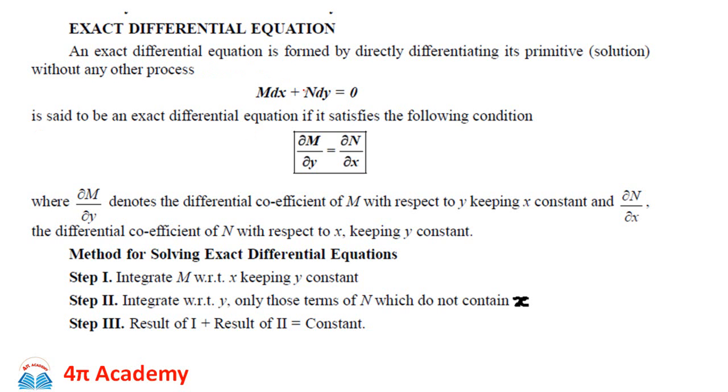Or in simple words, if the differential equation is in the form M dx plus N dy is equal to 0, then it is said to be an exact differential equation if it satisfies the following condition, that is, del M by del y is equal to del N by del x, where del M by del y denotes the differential coefficient of M with respect to y keeping x constant, and del N by del x is the differential coefficient of N with respect to x keeping y constant.